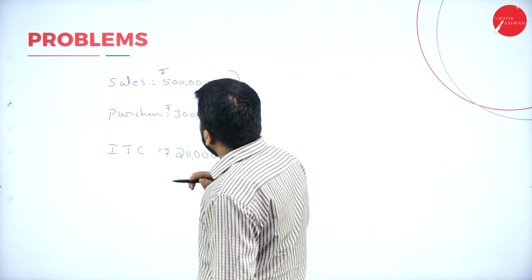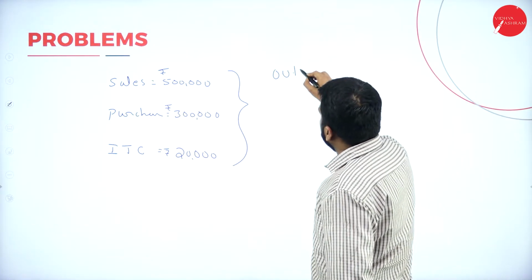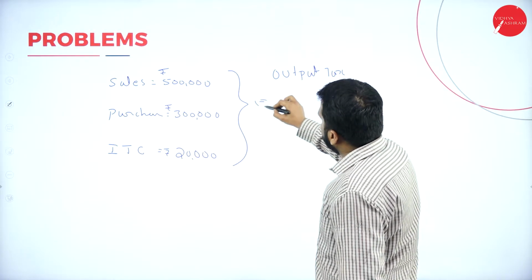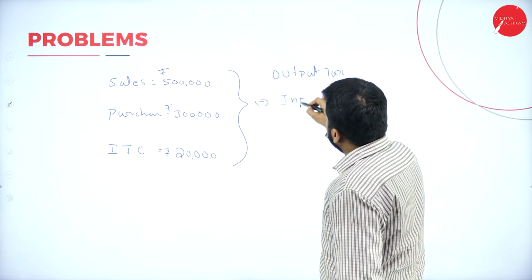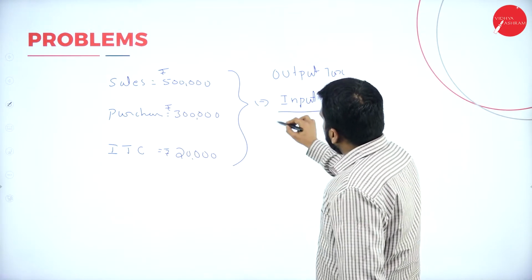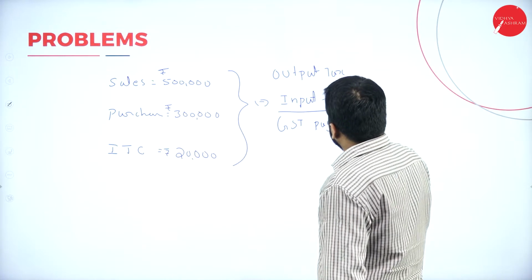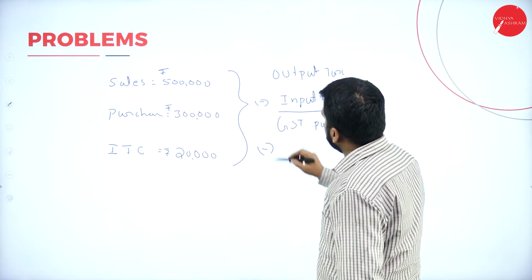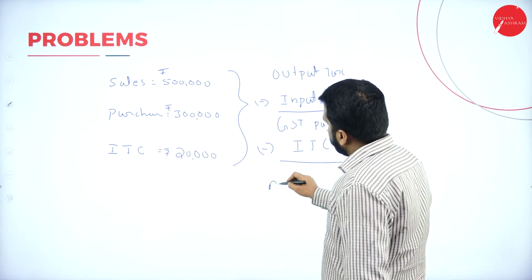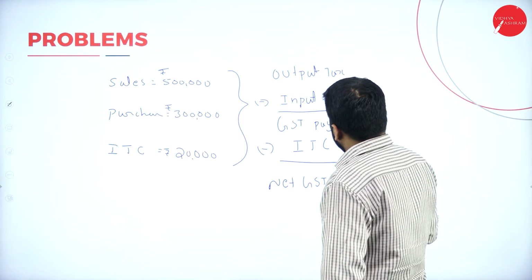Now, in this, what is the procedure? Output tax minus input tax, so you will get GST payable, minus ITC, net GST payable.